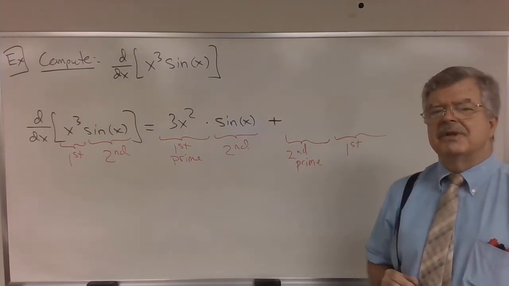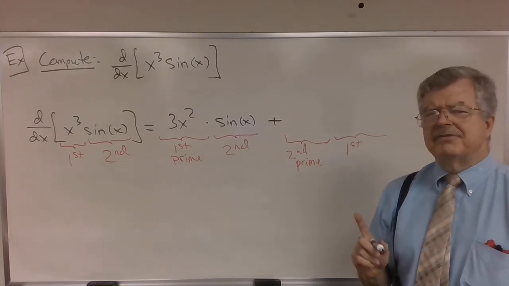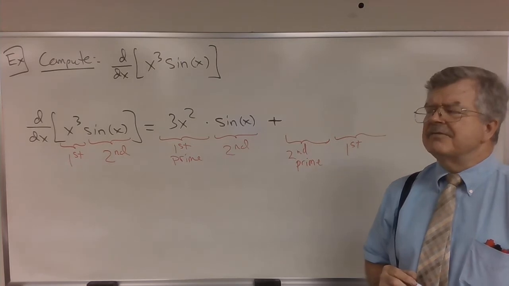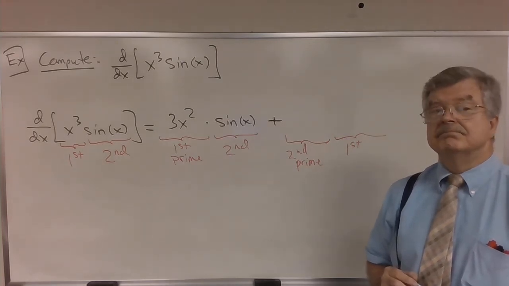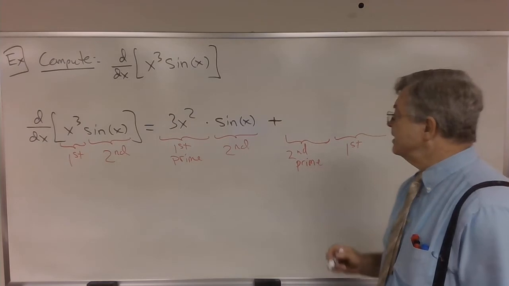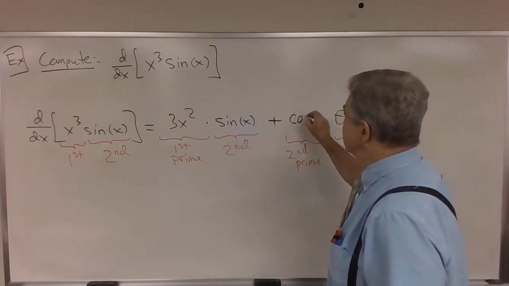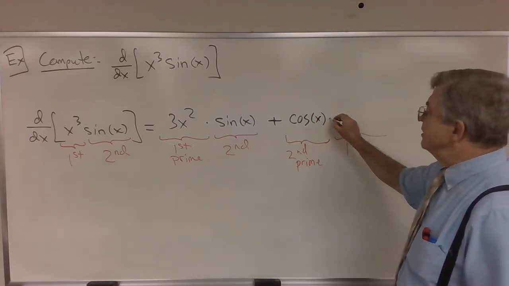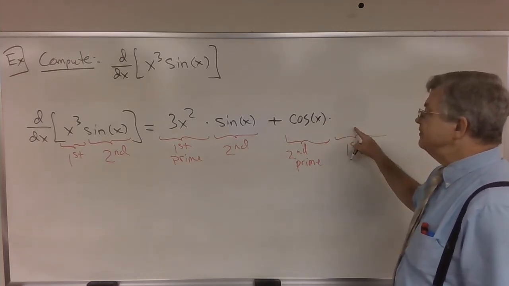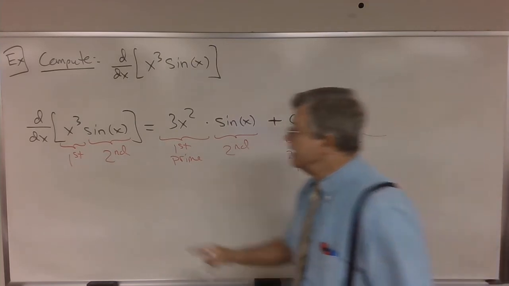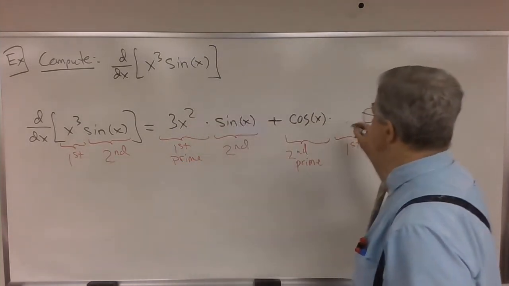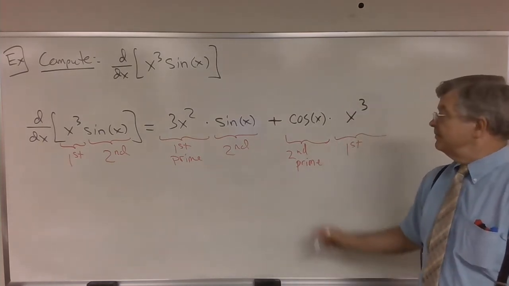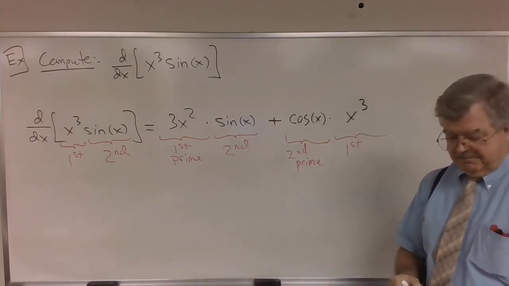See, this is something we'll have to memorize. Derivatives of sines and cosines we'll have to memorize. Derivative of sine of x is what? Cosine of x. So here's the second prime, cosine of x, times the first function verbatim, x cubed. And there we have it. This is our derivative.